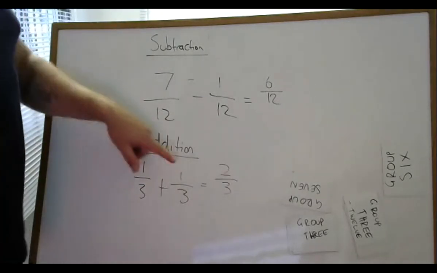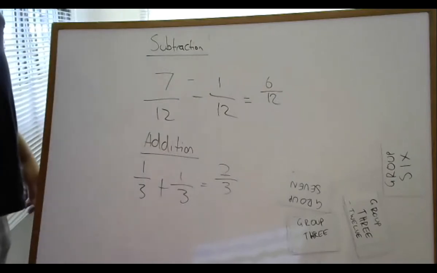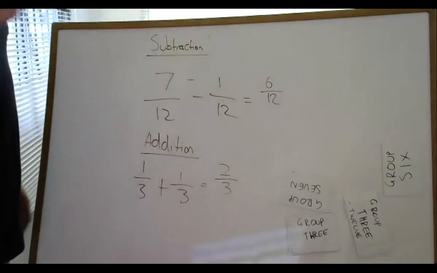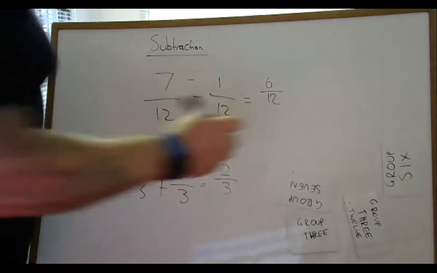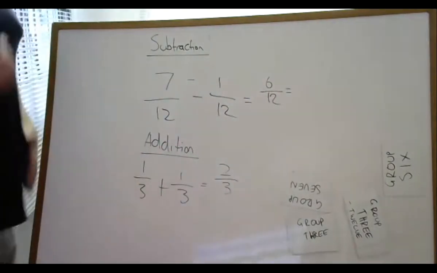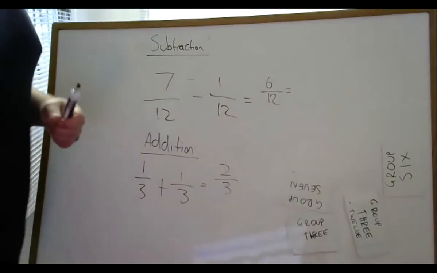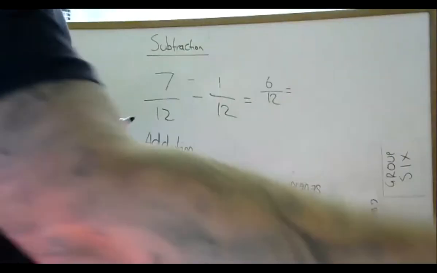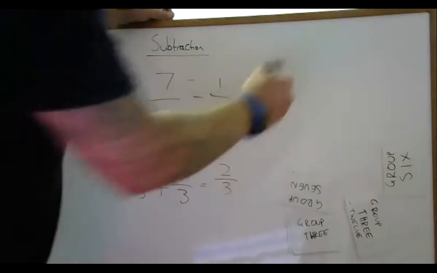We simply add the top numbers together, 2/3. The thing that trips most people up and they lose marks is not simplifying. So 6 over 12 could be simplified further than where it's at now. So it could be simplified to 1 over 6.